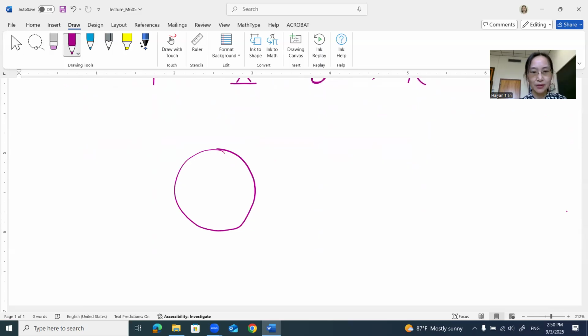Suppose this is O, the open set, which is in Rn. It is a subset of Rn. So that means you pick an element in the open set, it will be a vector. A vector in Rn.